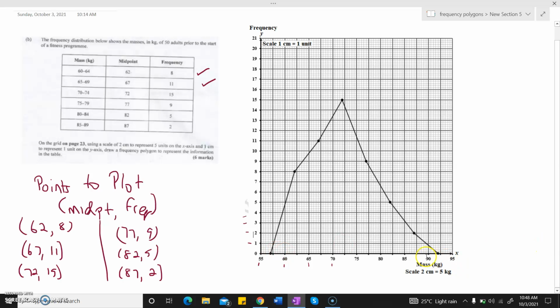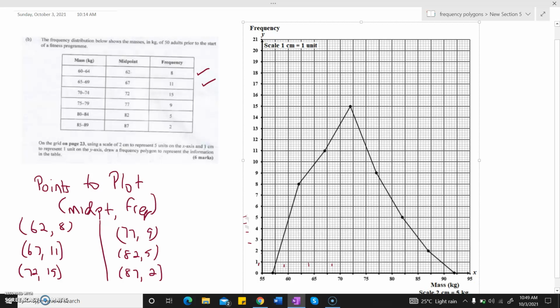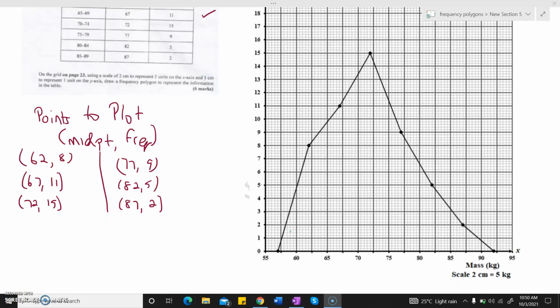Now, I'm just going to go through the first point in particular, 62, 8. So 62 is the x value, the 8 is the y value, right? If you look carefully, I'm showing you this point here. The 60 is right here, and between the 60 and the 65 you have 10 tiny blocks.